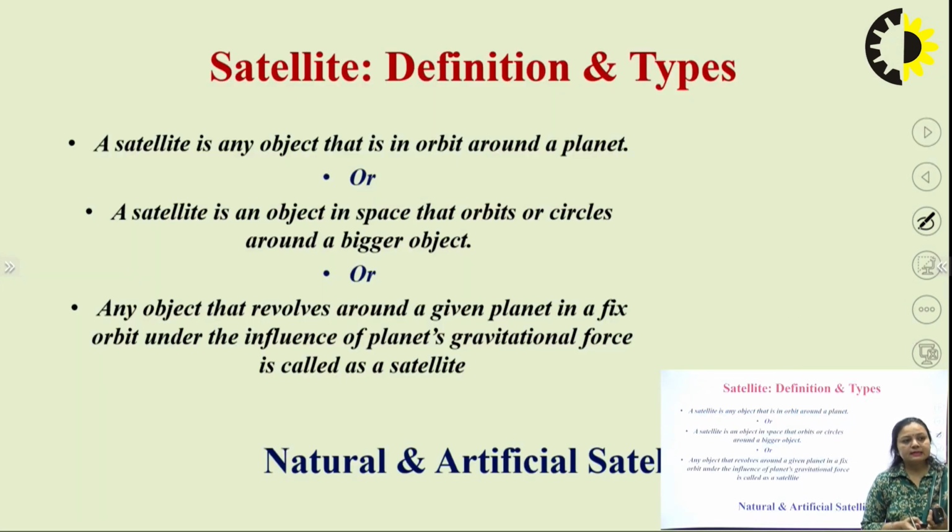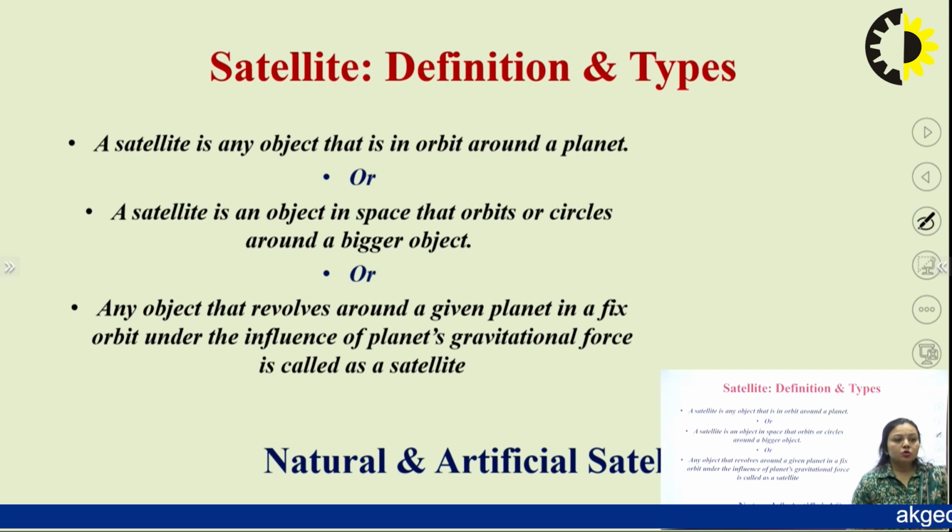A satellite is any object that revolves around a given planet in a fixed orbit under the influence of the planet's gravitational force. There can be two types of satellite, natural and artificial. If it already exists in nature, we call it a natural satellite. For example, the moon is a satellite of earth, already existing in nature, so it is a natural satellite.